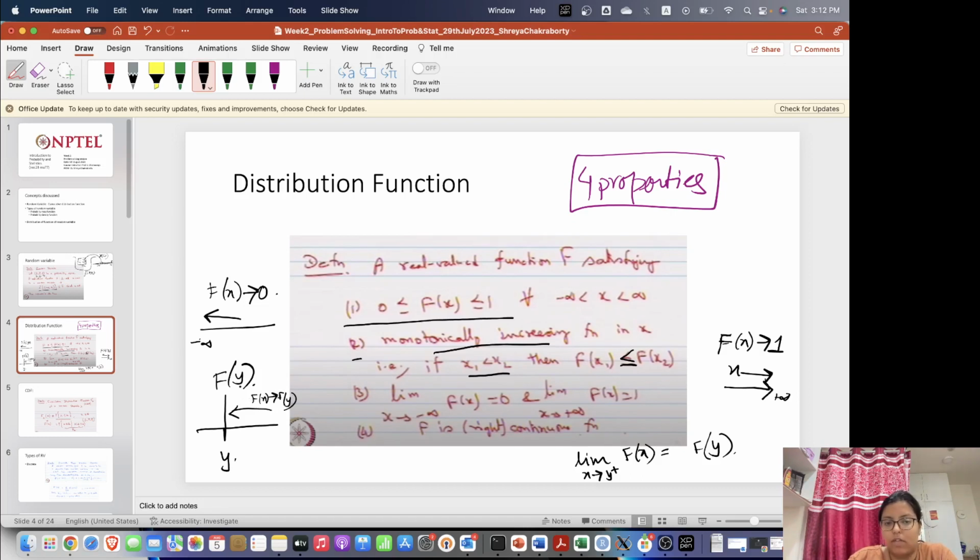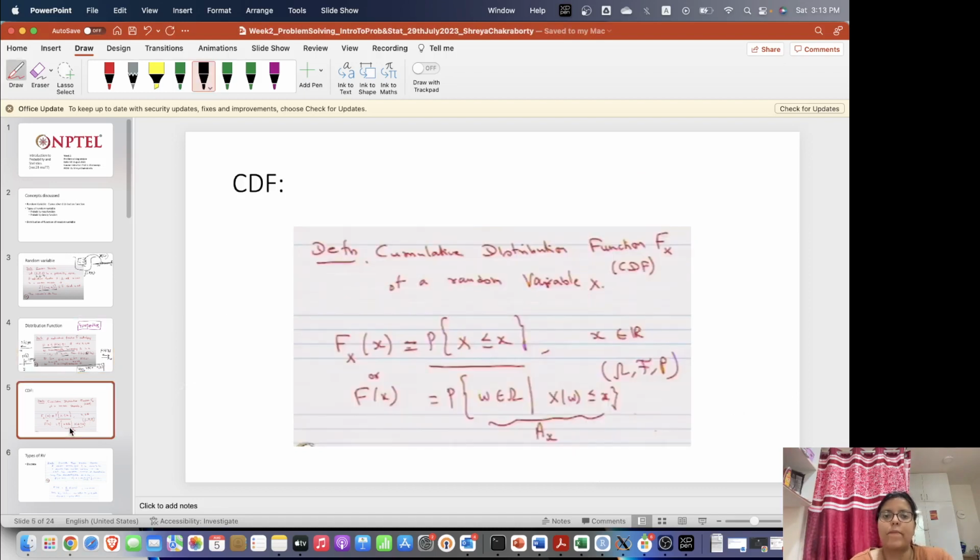This is what we mean by right continuity. Whenever we approach from the right side, say x is y plus epsilon, whenever epsilon tends to 0, F(x) should also go to F(y). Okay, so this was discussed. The other thing discussed was what we mean by a cumulative distribution function. By definition, this we have to remember.